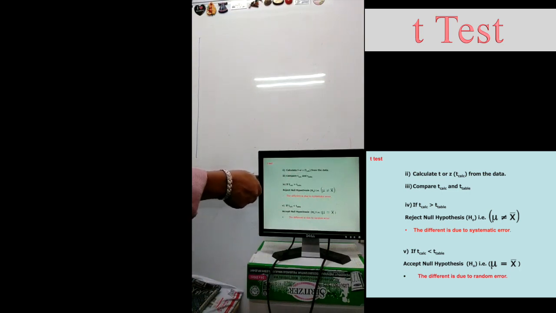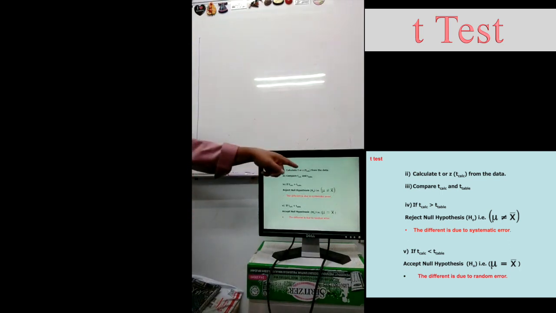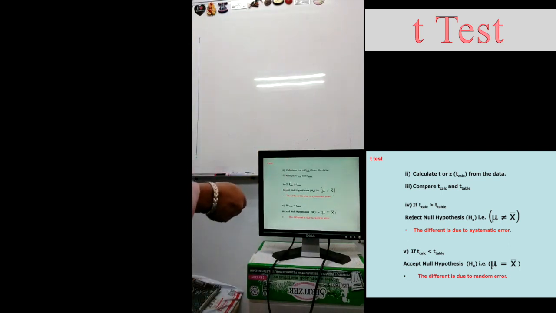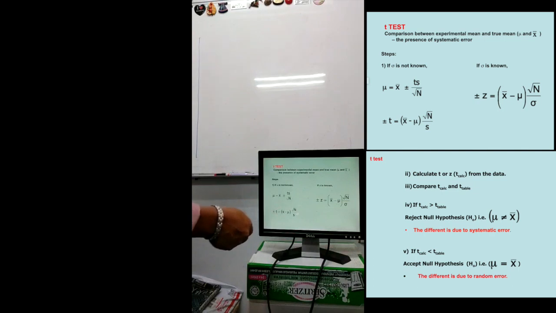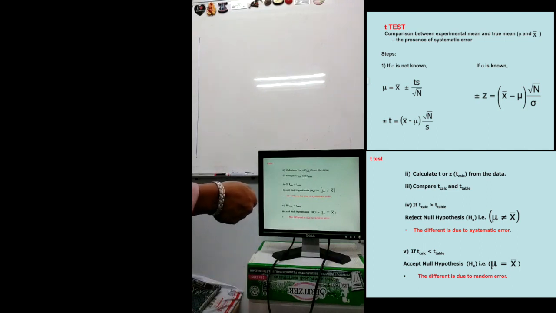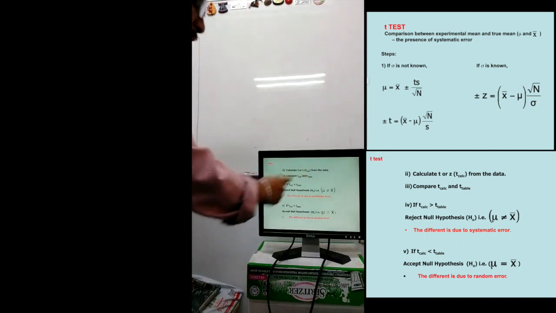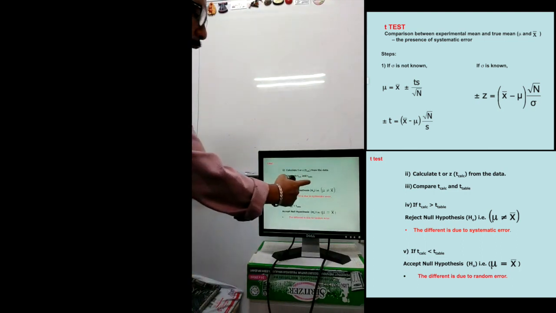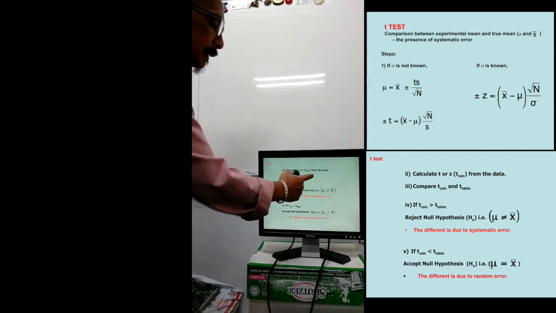In this case we are going to calculate only t because our replicate is below 20. Then we compare the t calculation, which comes from this formula, with the t table. We have to find it from the t table.